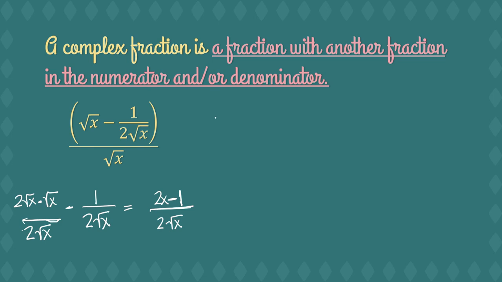So now my numerator is 2x minus 1 over 2 square root of x, all over the square root of x. And just for fun, I'm going to write this as square root of x over 1 because what I can do then is multiply by the reciprocal.